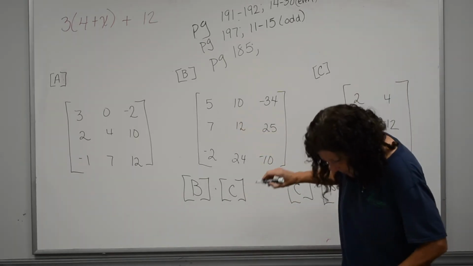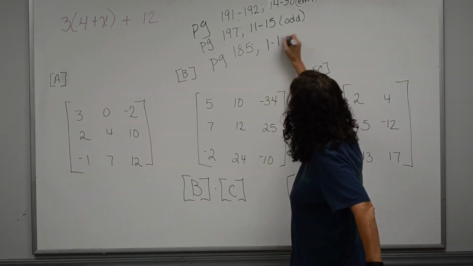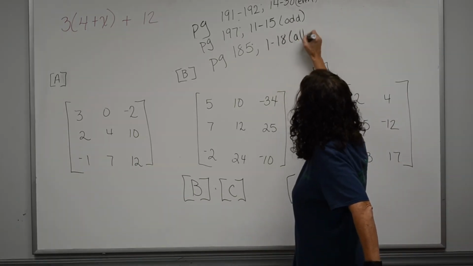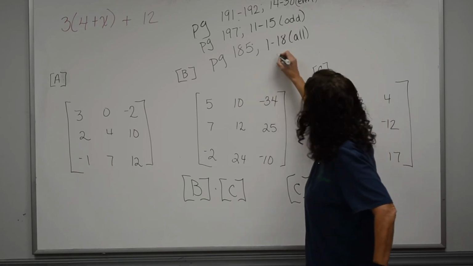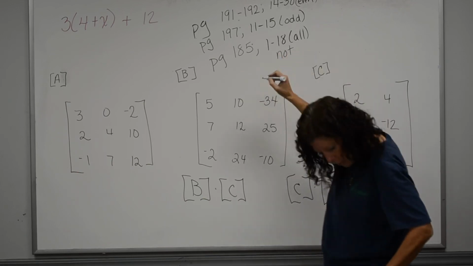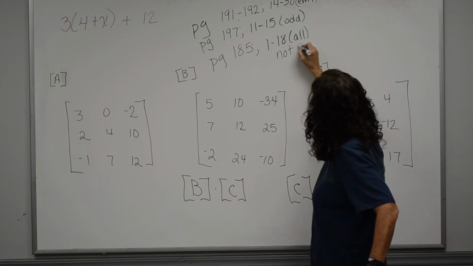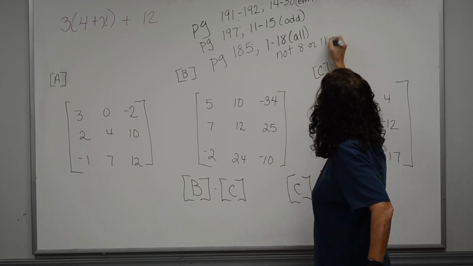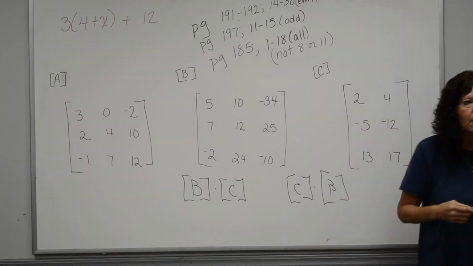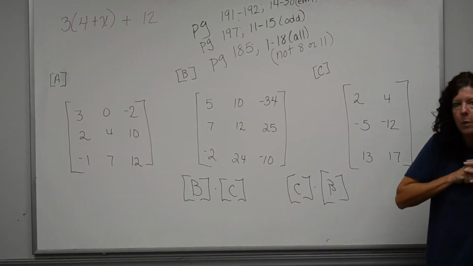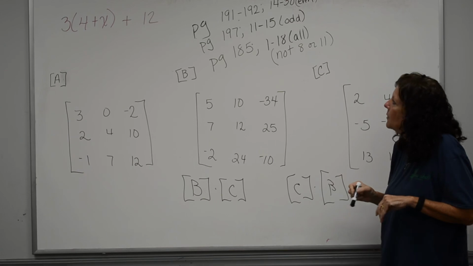So you're going to do 1 through 18 all on that page. It's strictly calculator use. That's all it is. But you are not going to do number 8 or number 11. That has a determinant in front of it, and right now you don't know anything about that, but you will shortly. So you're not doing those.